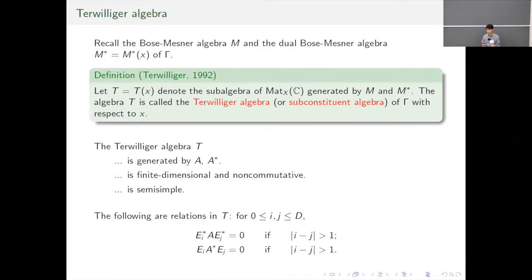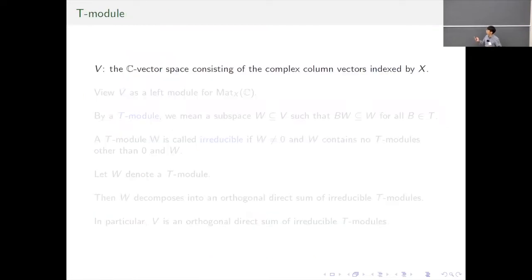So we discussed this Terwilliger algebra, and we recall the notion of a T-module. We index our vector space V by our finite set X, and we view this vector space as a left module for the matrix algebra.